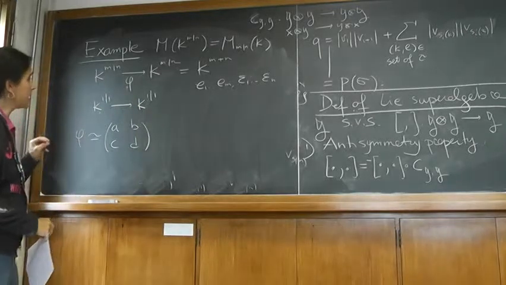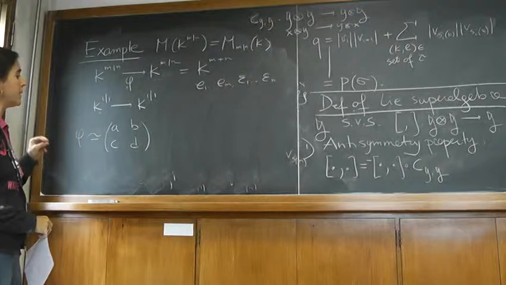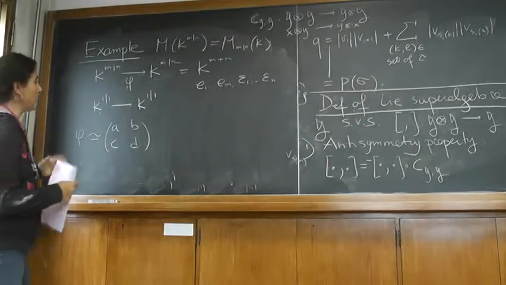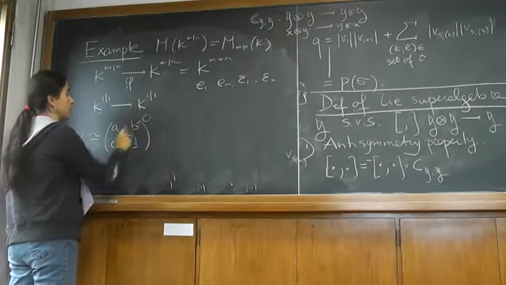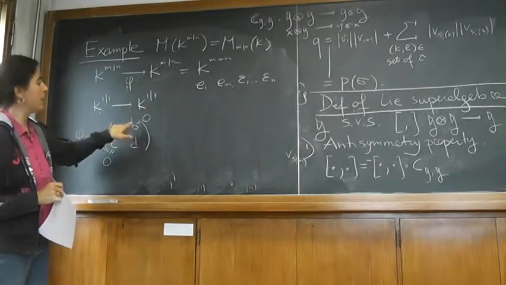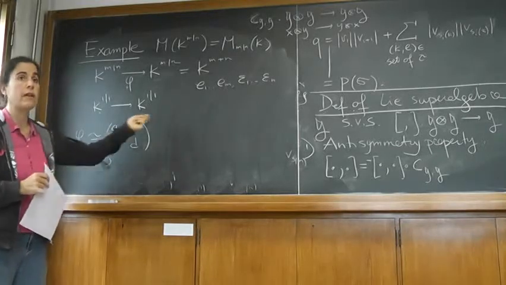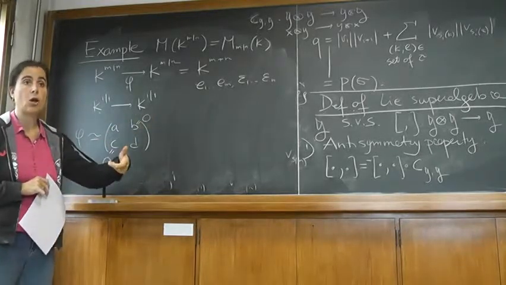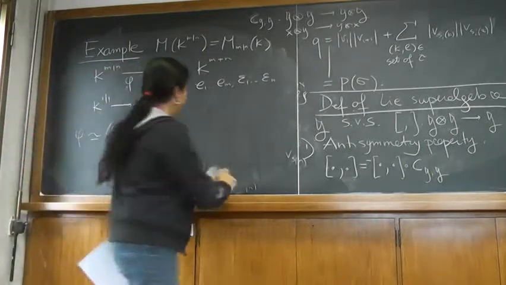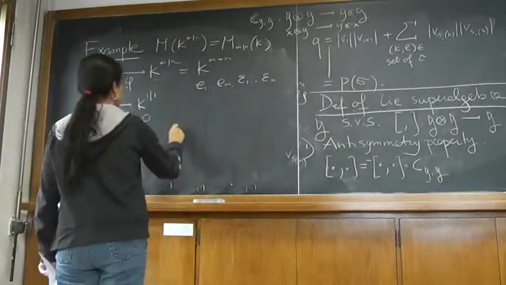But what are the matrices that preserve the parity? If you want to preserve the parity, this should be 0. Because every time you have a B, you're sending an even element into an even plus an odd one. So this preserves parity.